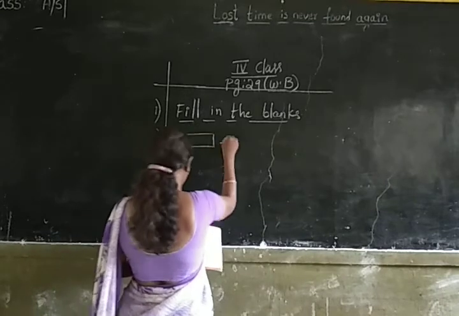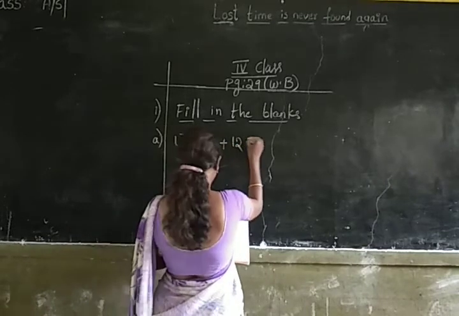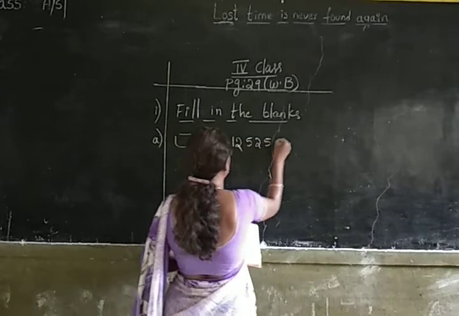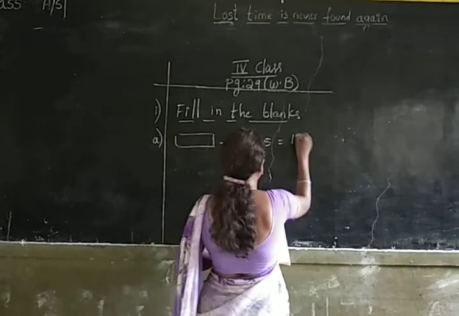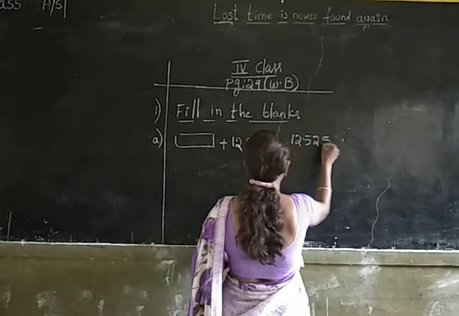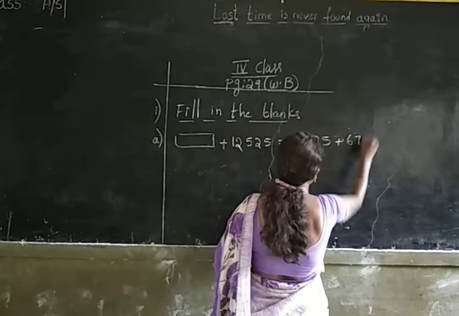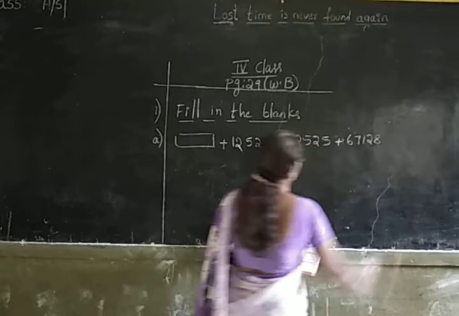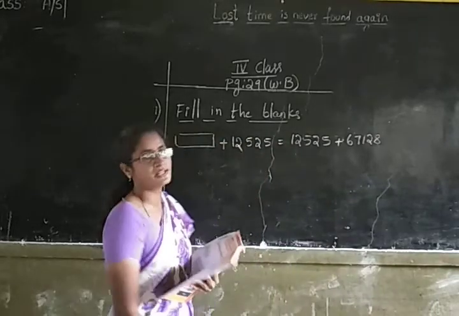Box plus 12,525 is equals to 12,525 plus 67,128.